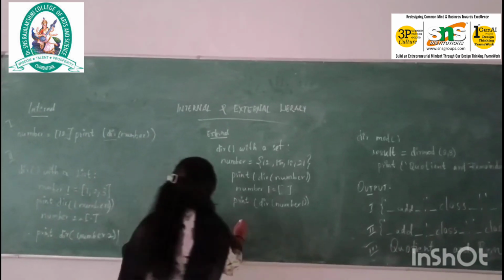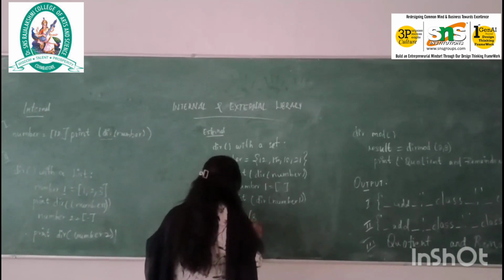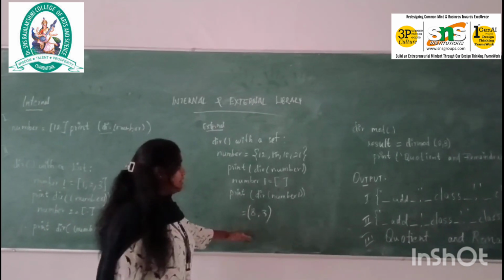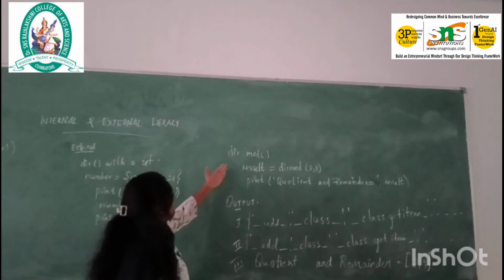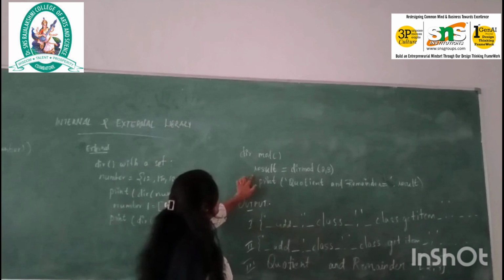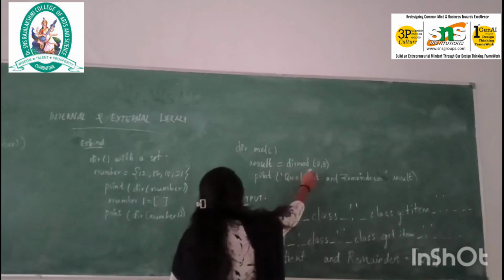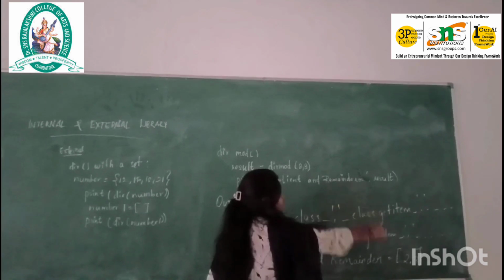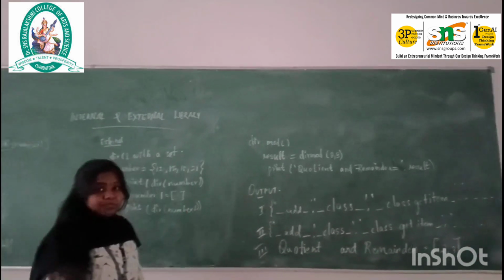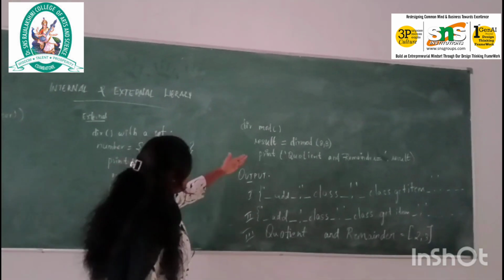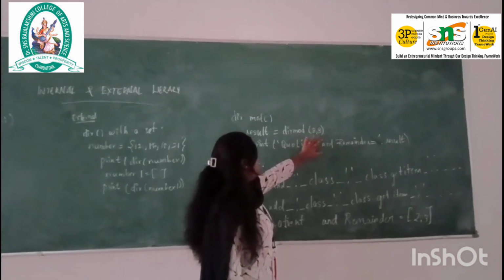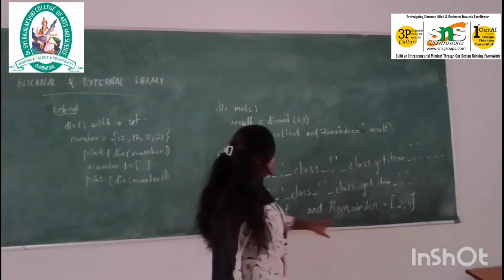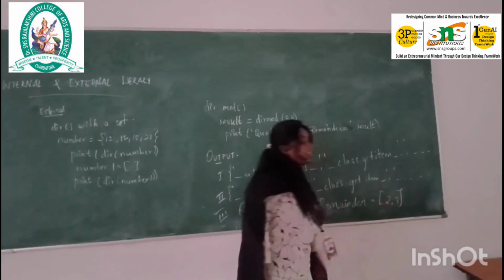The numbers are 8 and 3, where we should find the quotient and the remainder of the external, where the result is equal to the modulus of 8 and 3. We should print the quotient and the remainder, and it gives the result. For 8 and 3, the quotient will be 2 and the remainder will be 2.